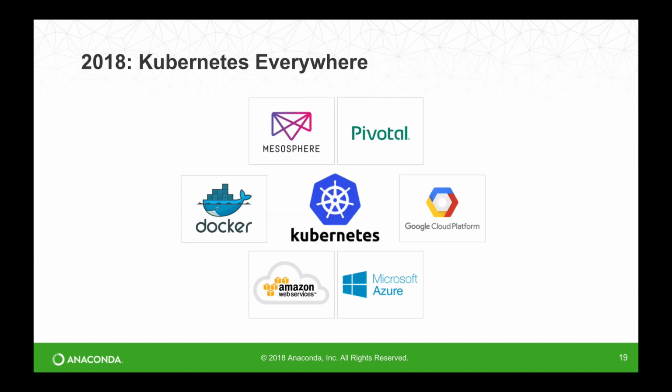And so now Kubernetes is everywhere. It's in everybody's application. So now Docker ships Kubernetes. There's Kubernetes in Mesosphere DCOS. Pivotal has Kubernetes in Cloud Foundry. And then all of the major cloud providers all offer Kubernetes services. So Kubernetes essentially won this container orchestration battle. And I think part of the reason for that is that it came out of Google's experience in running containers at scale.